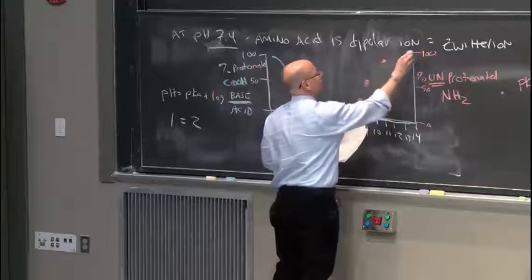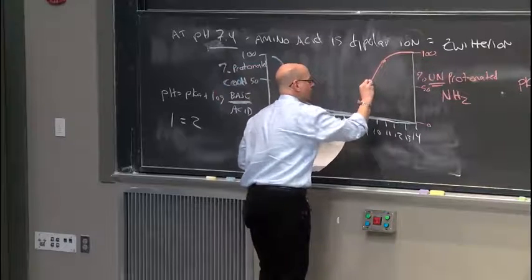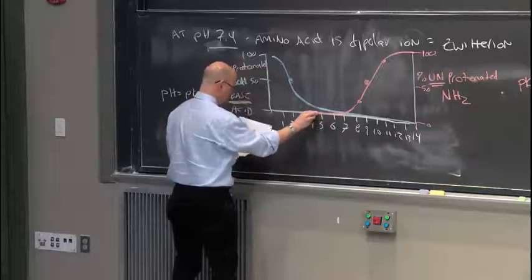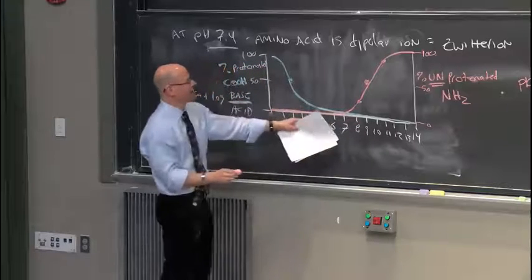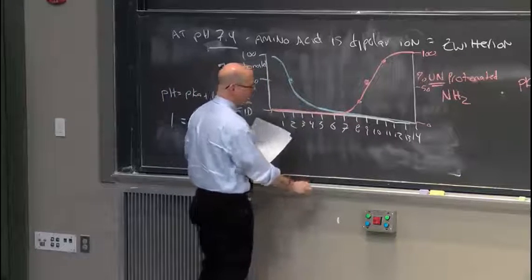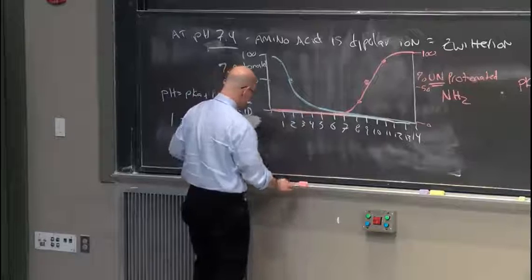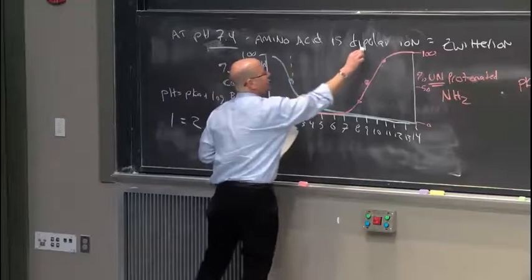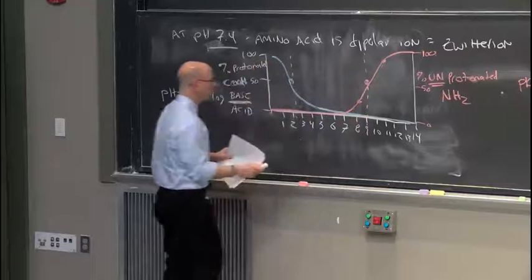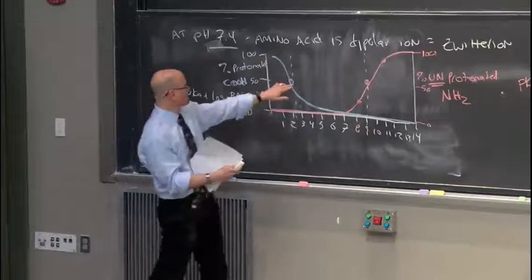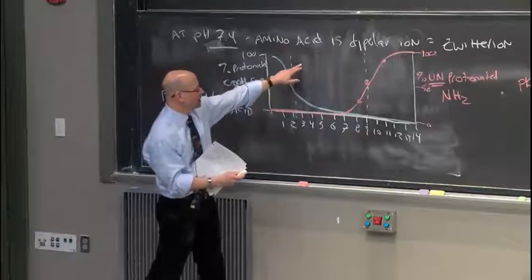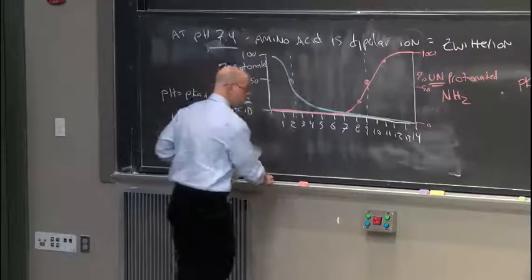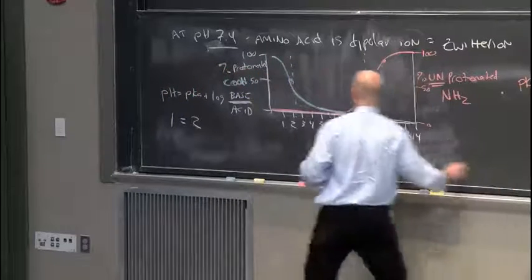So in fact, that means that if I plot the unprotonated state of the amino group, I get this orange curve, okay? So anywhere you would agree, I think, between here and here, most of the carboxyl groups are going to be unprotonated, and most of the amino groups are going to be protonated. So I can draw a curve that looks like this.